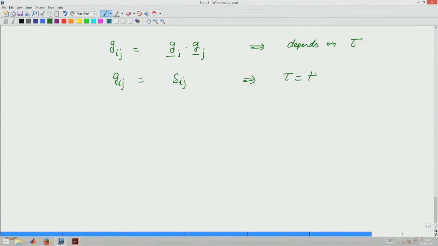So, what we could do is define Gij at any particular time tau, and of course, it also depends on the position, minus Gij at the present time t for the same position. This gives us an idea about deformation in the material.